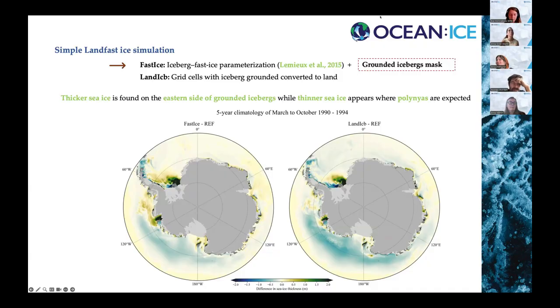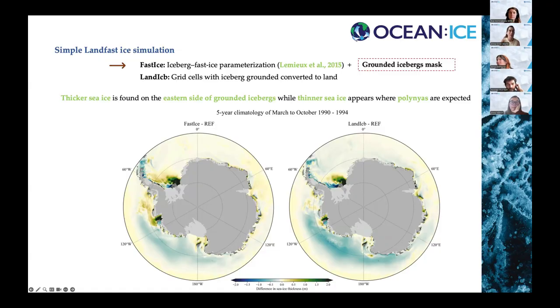For that, we have performed the first approach, called fast ice, which consists basically in activating the iceberg fast ice parameterization that is already implemented in NEMO, using our grounded iceberg distribution as a mask. Then the other approach, called land IceB, consists in transforming this grounded iceberg mask into land and seeing if the sea ice can grow and be thicker close to the grounded icebergs.